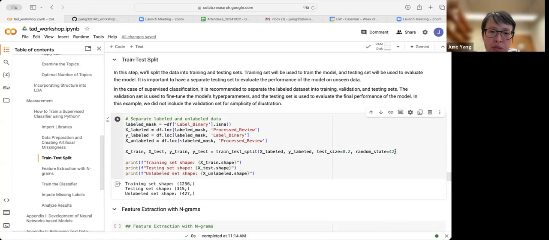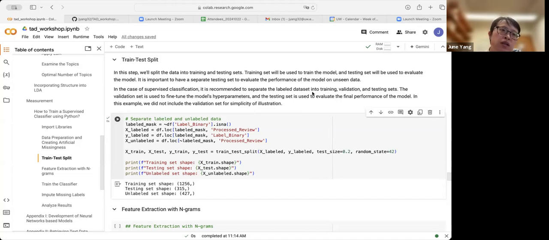There's often also another set to be considered, called a validation set. It's sometimes recommended that we separate our labeled data set into not only 2 sets, training and testing, but actually into 3 sets: training, validation, and testing. The validation set is used to fine-tune some hyperparameters of the model that we built.